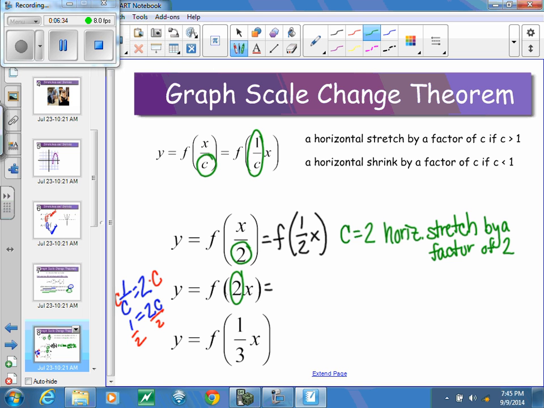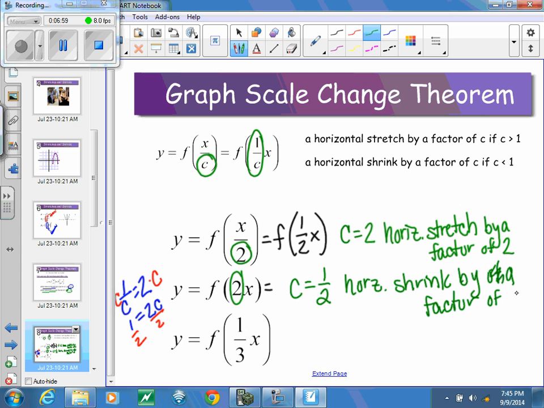So this one's really more difficult to see, but we get a value of c here to be equal to 1/2. And this tells us that we're going to have a horizontal shrink by a factor of 1/2.